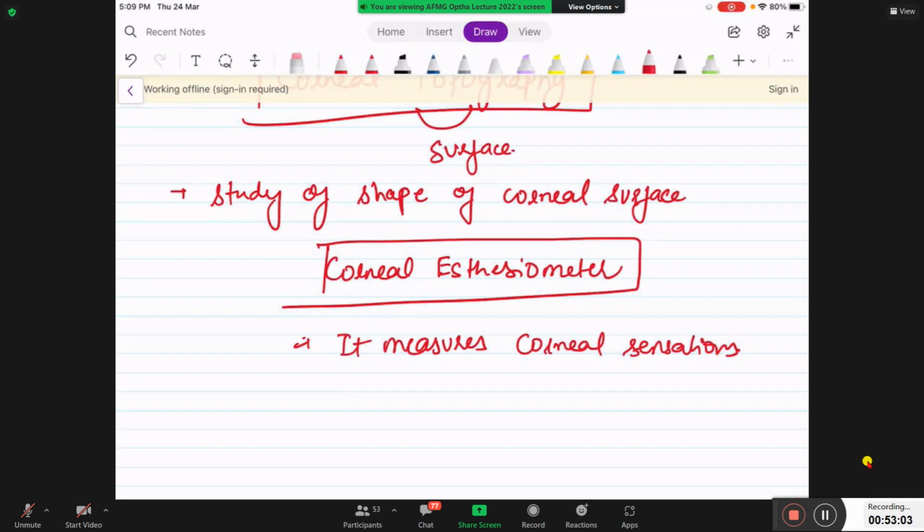It is an instrument by which we measure the corneal sensations. These corneal sensations are also measured, as I told you in our OPD, with the help of a cotton wisp, and we check the corneal blink reflex. So they are also measured by blink reflex.